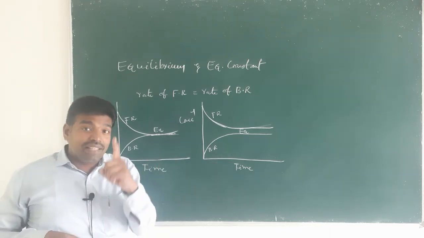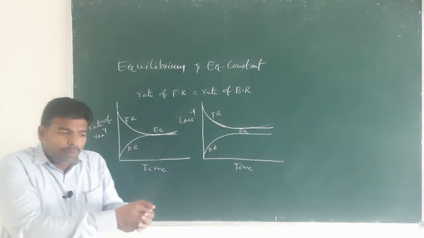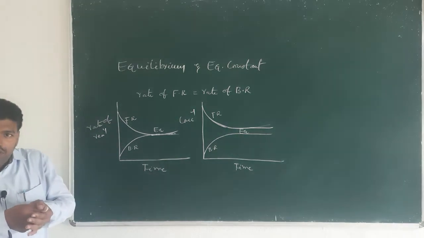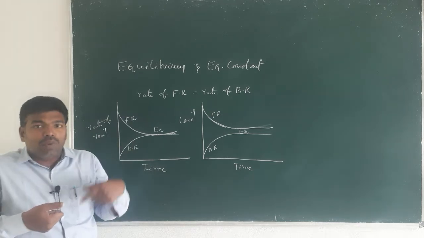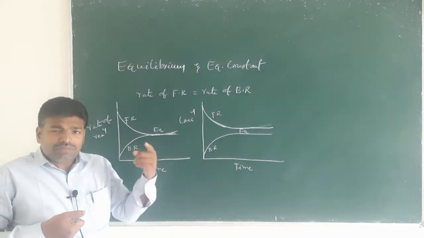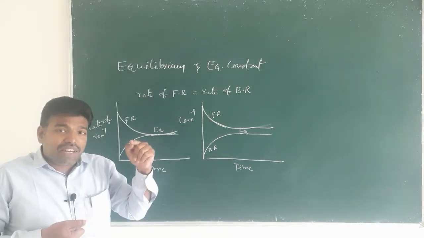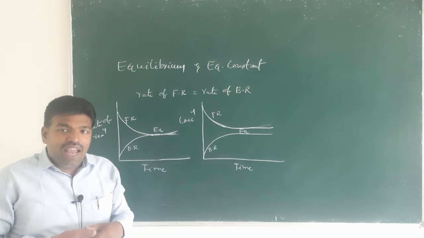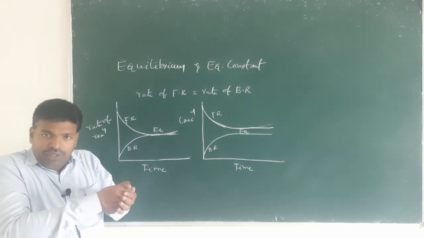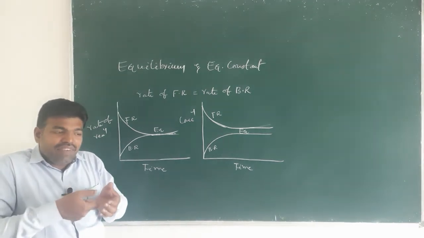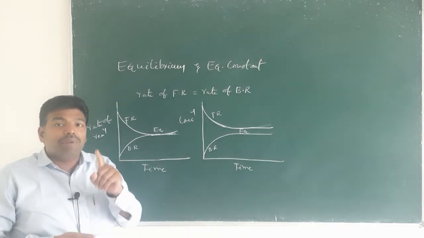In the tug of war game, this group is always pulling to this side, and the other group is always trying to pull to that side. So whenever the forces of the two groups are equal, equilibrium is established.